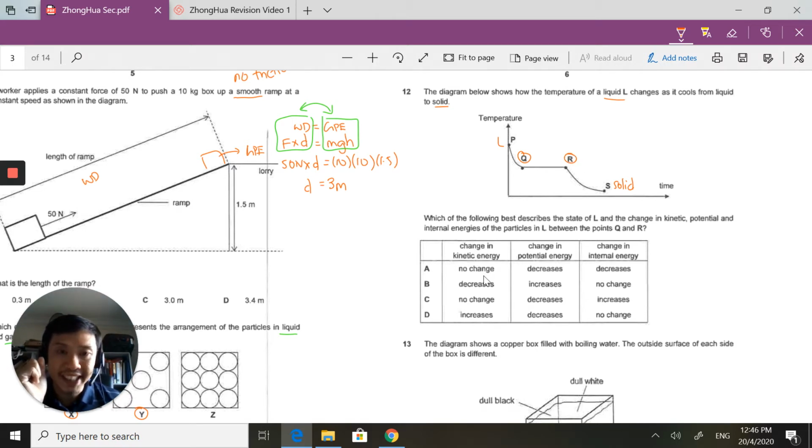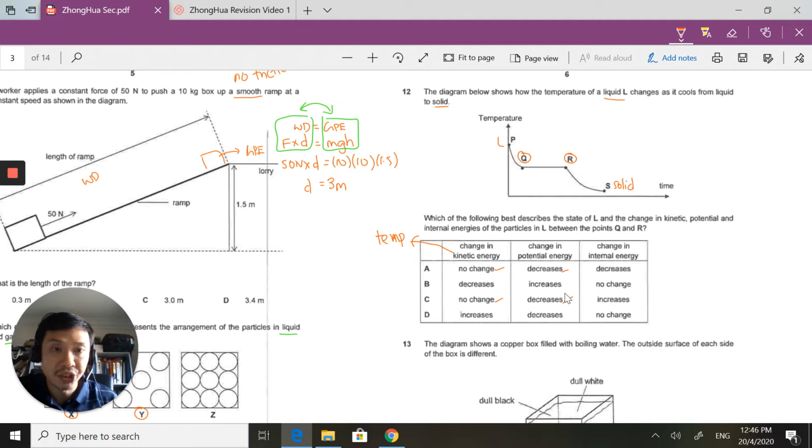Change in kinetic energy between here, there is no change, because the temperature stays constant. Kinetic energy is related to temperature, just remember that. So if the temperature doesn't change, kinetic energy doesn't change. But the potential energy decreases.